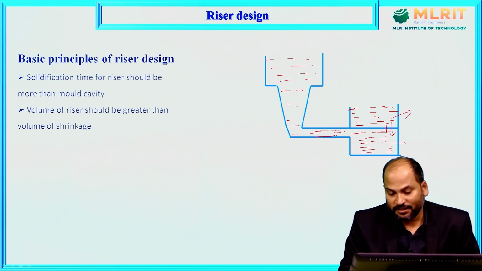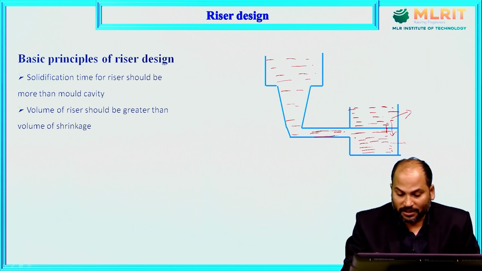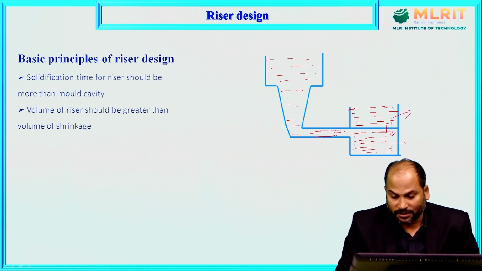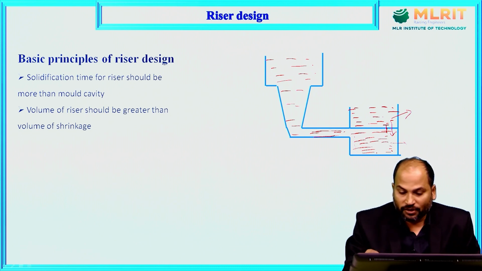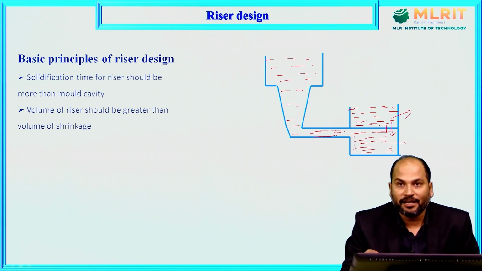Why am I saying this? Whatever contraction has occurred because of solidification in the mold cavity, we want to compensate by filling that gap caused by shrinkage. So it is important that the liquid should still be molten in this riser.